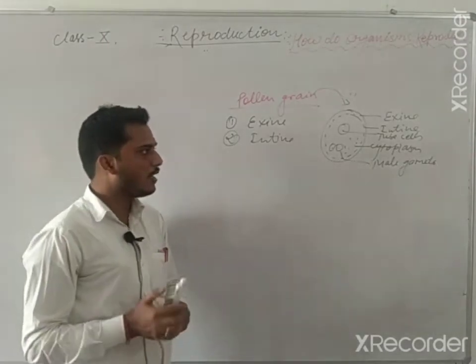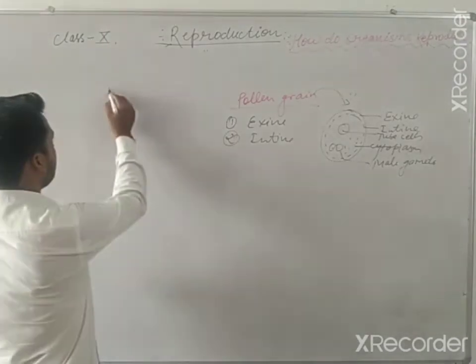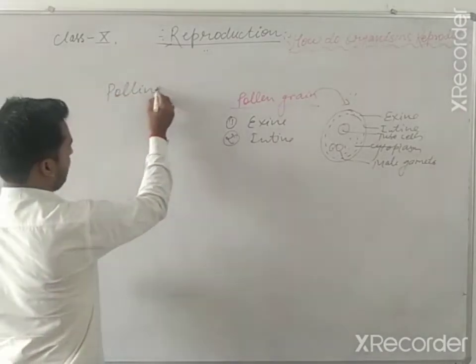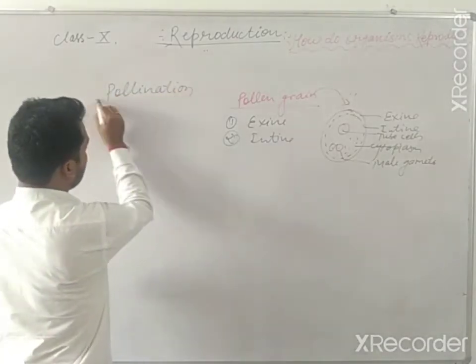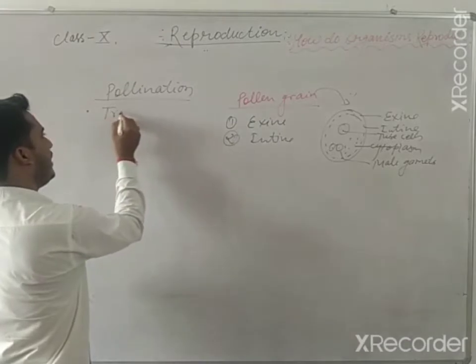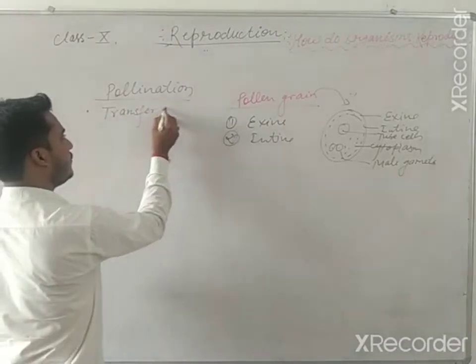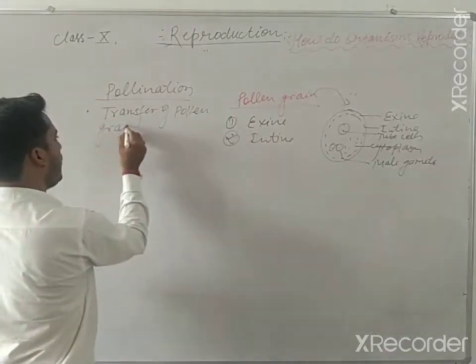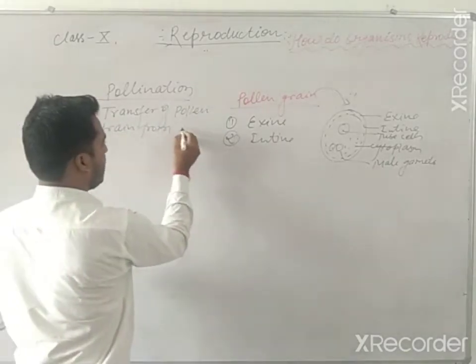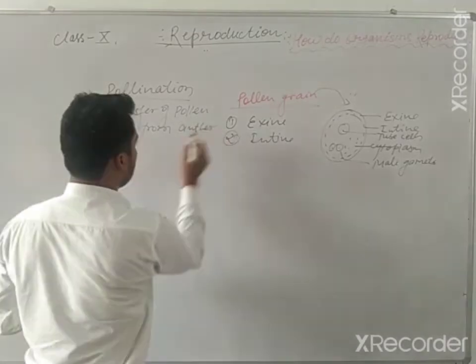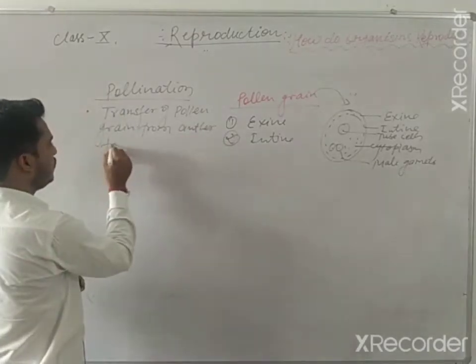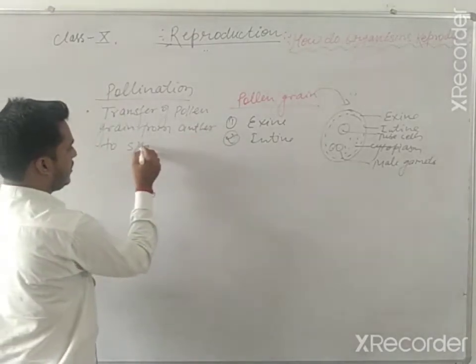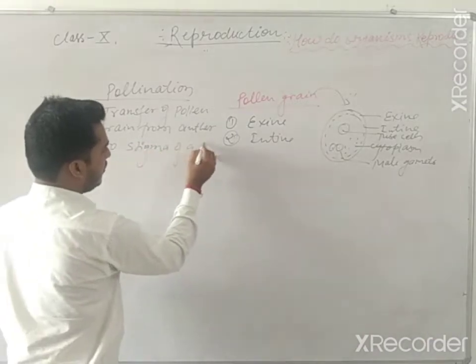After this we will talk about pollination. What is pollination? Pollination is the transfer of pollen grain from the anther, that is the male portion, to the stigma of a flower.